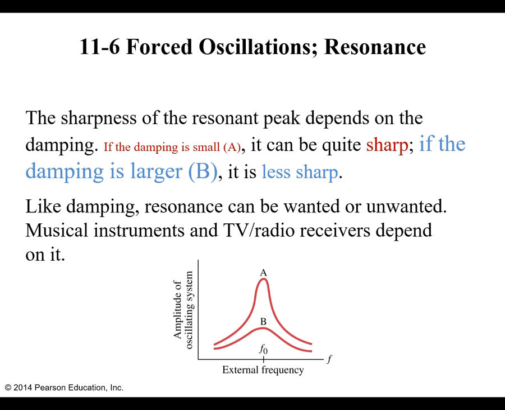So, the sharpness. Let's take a look at this picture here at the bottom. You have your driving force down here and the frequency that it oscillates at. So if you have a driving force that oscillates, say, at this frequency, then the oscillating system, whatever it is that's being affected, won't be oscillating very hard at all.